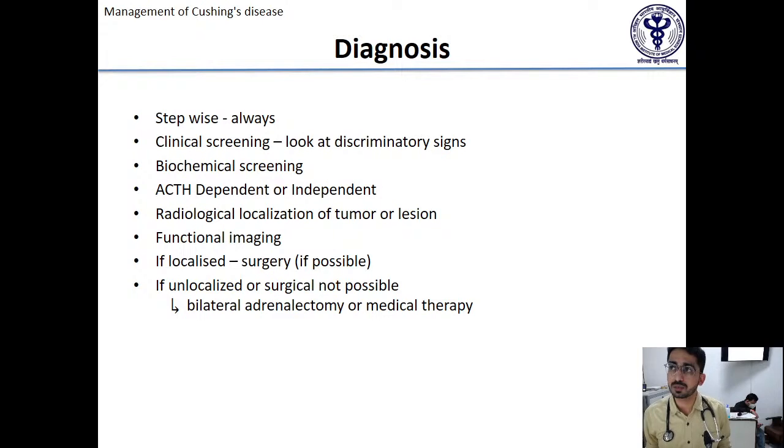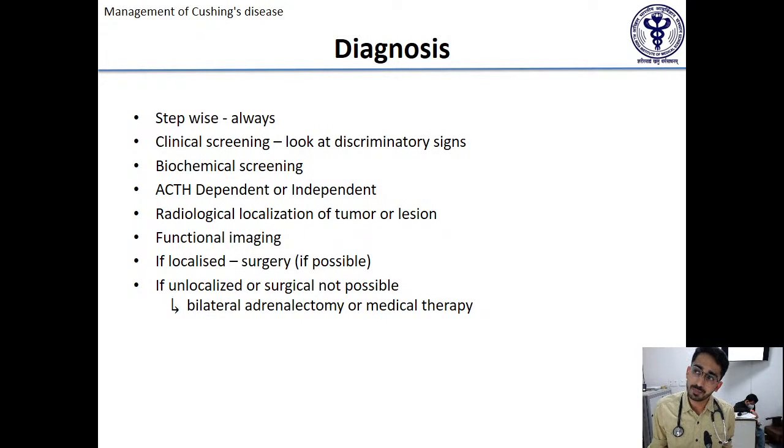So coming on to the workup and the diagnosis, the most important part is that we have to approach the patient in a stepwise manner, and this always is an important part specifically for the Cushing syndrome, because we can get confused a lot during the workup if we are not very sure about the way we are proceeding. So to begin with, we have to do a clinical screening, and we have to look at the discriminatory signs. I'll come to this on the next slide.